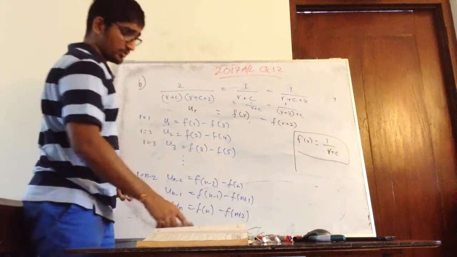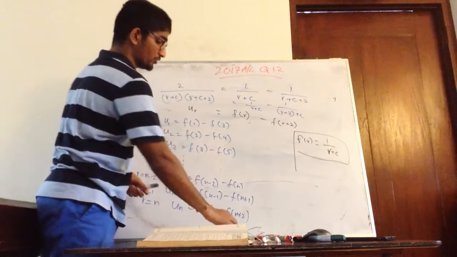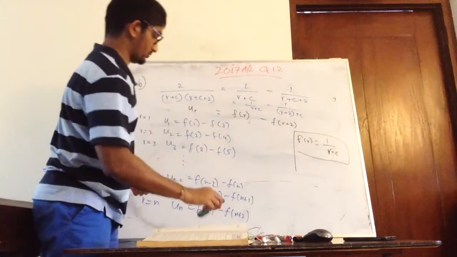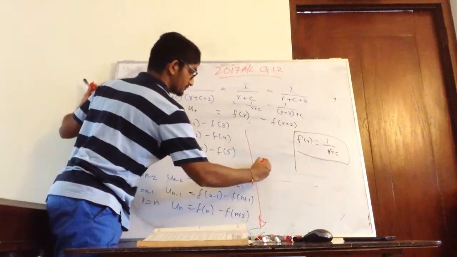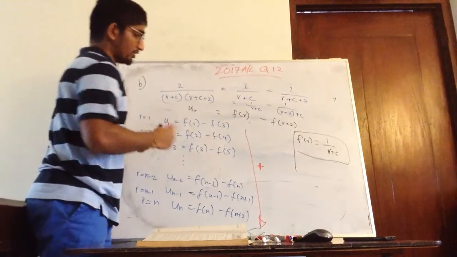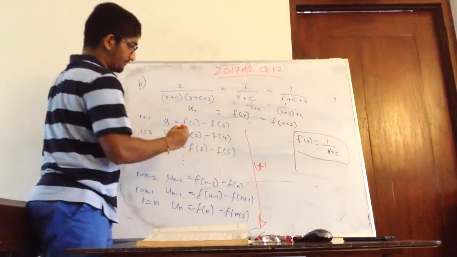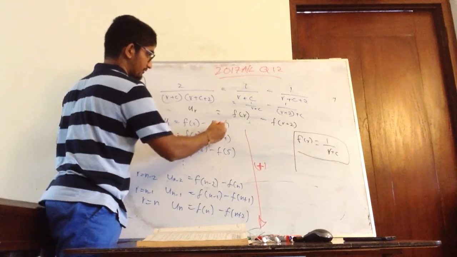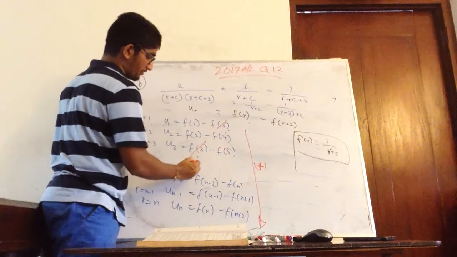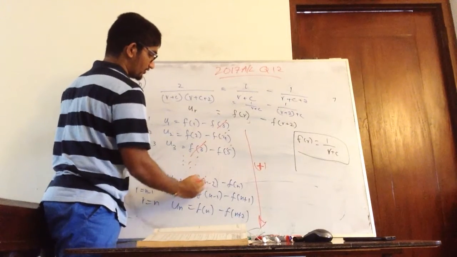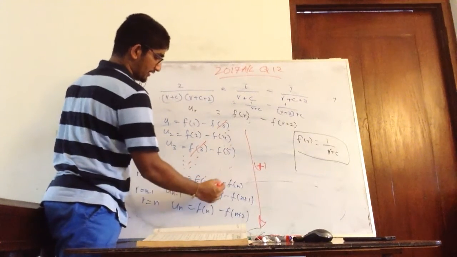Correct, no? So then what do I need to do? I need to add these up, no? So when I add these up, I see I can cut this. So this will also be cut from here. This will be cut from somewhere here. This will also be cut from somewhere here.